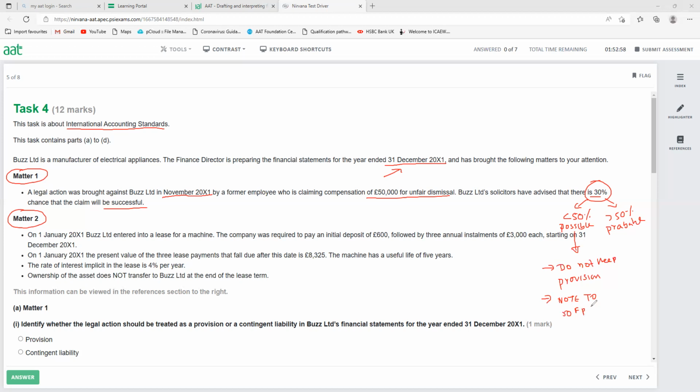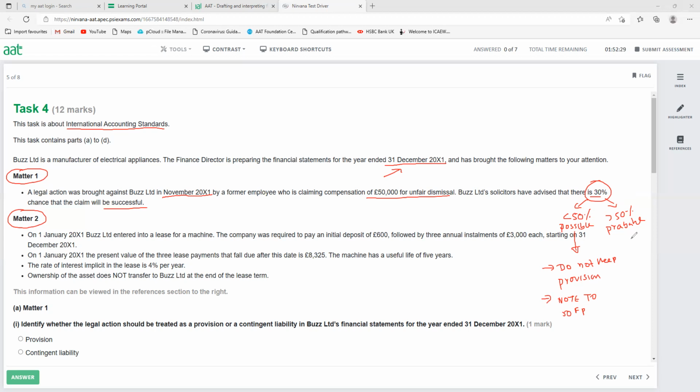So rather than creating the provision in the financial statements, we just show in the note that there is a claim and there is a possibility, the chance is 30%, that we have to pay the compensation. But we really don't have to keep the provision because it is not very likely we have to pay that.